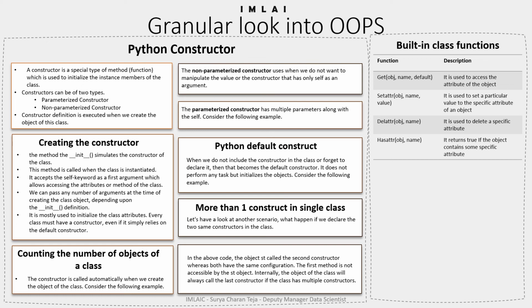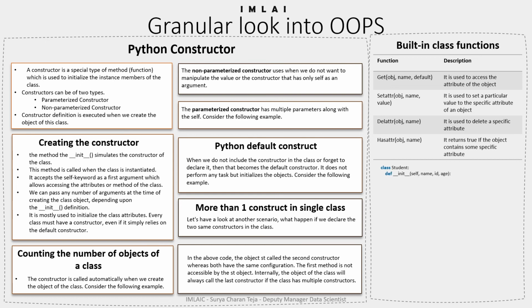Then setattr is used to set a particular value to a specific attribute of an object. Then delattr is used to delete a specific attribute. Then hasattr returns true if the object contains some specific attribute.